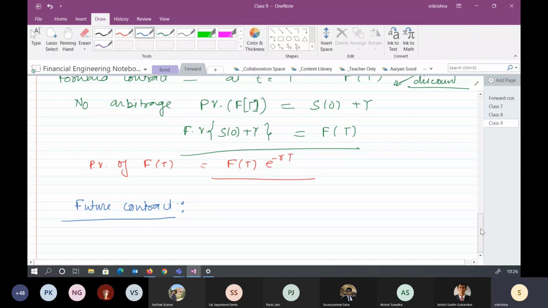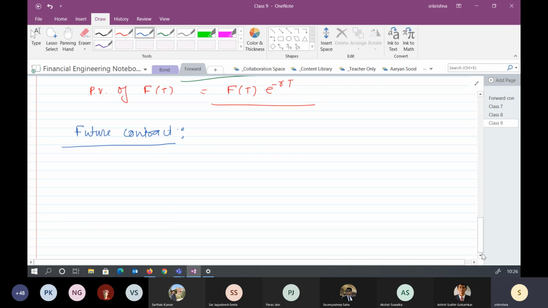Right. So let's first talk about what is the difference between the forward and future. So the first thing is, forward contract is a private one between the two parties.